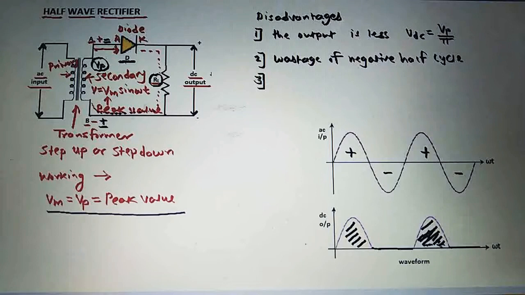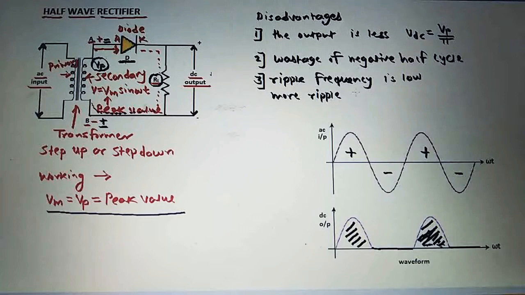The third disadvantage of a half wave rectifier is, as the ripple frequency is low here, because of that there is more ripple that appears, that results in a poor quality DC.